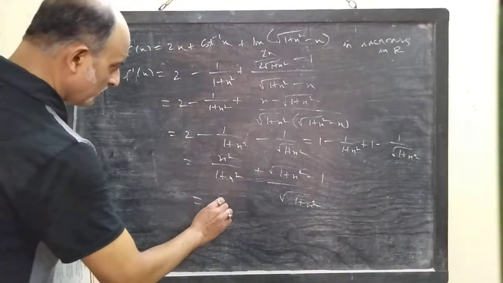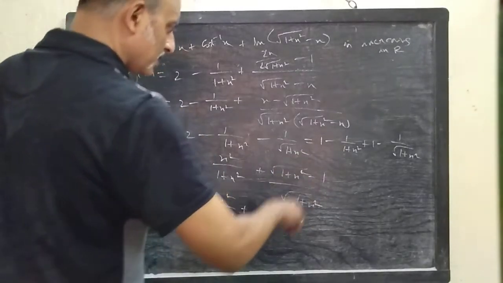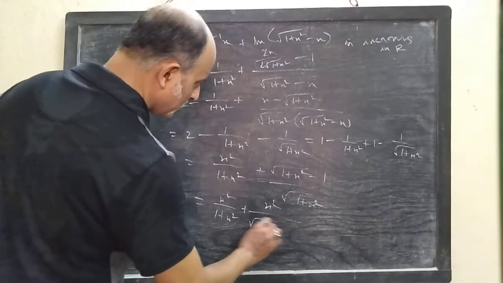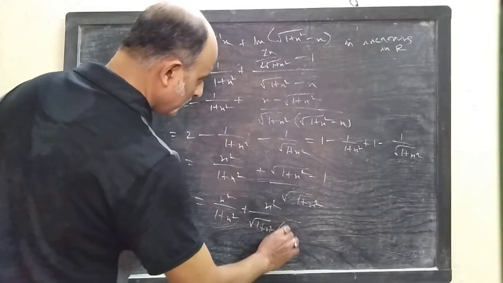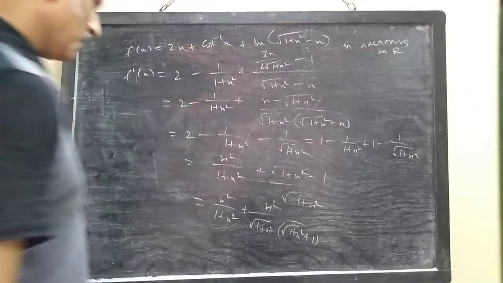This will become x square by 1 plus x square plus, rationalize this, you get x square in the numerator, and in the denominator you will get this into root over of 1 plus x square plus 1.